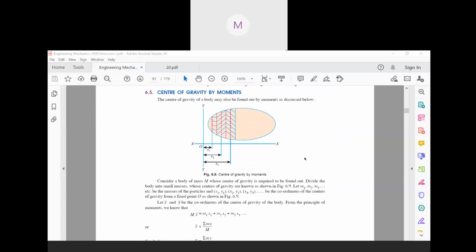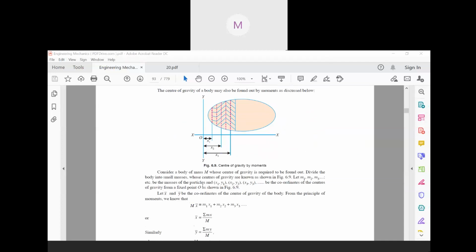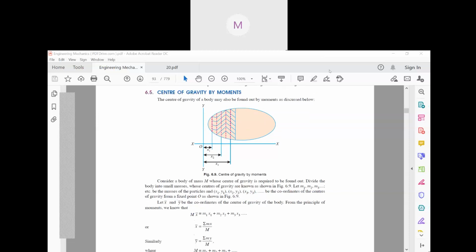Now, please pay attention. Suppose this is a body of mass m, whose center of gravity is required to be found out.